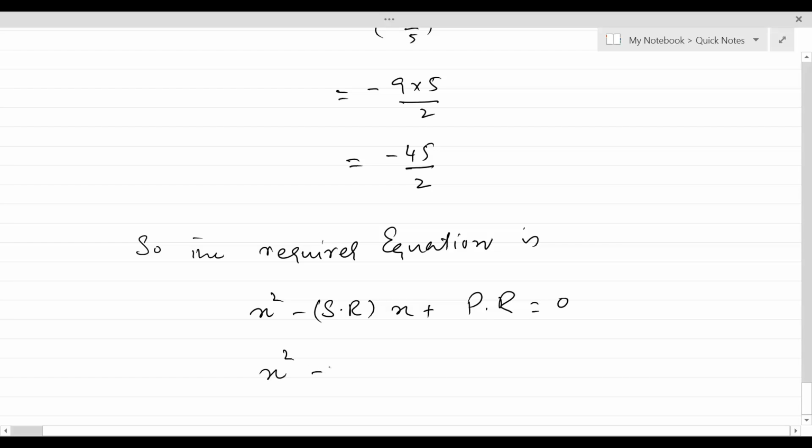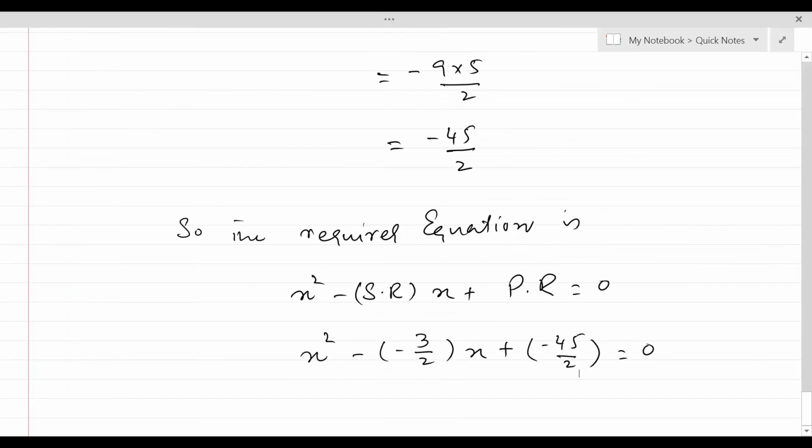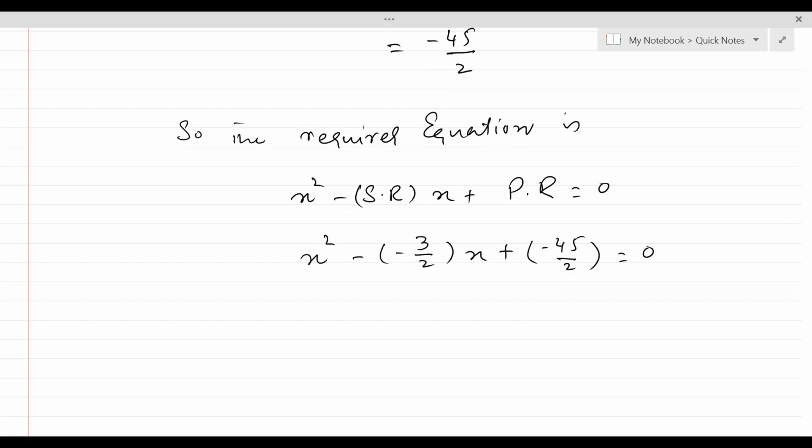That means x square minus (minus 3 over 2) x plus (minus 45 over 2) equal to 0. If we multiply throughout by 2, that will give us 2x square plus 3x minus 45 equal to 0. So we will see you in the next lesson with some more questions.